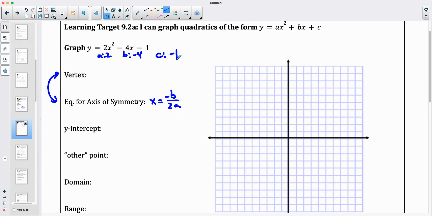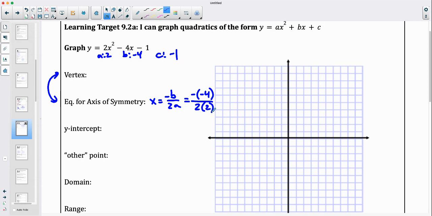So for negative b over 2a, it's really the opposite of b over 2a. Since b is already a negative 4, that's going to turn into a positive 4 in our next step, over 2 times 2, and that is going to be 4 on the bottom too.